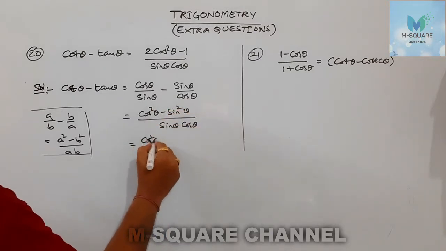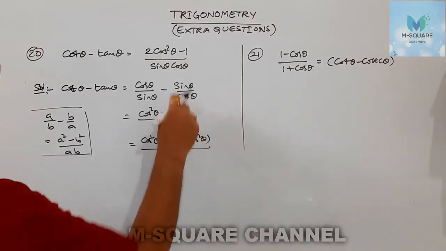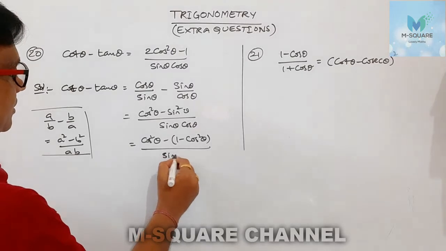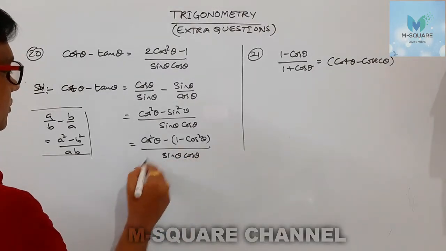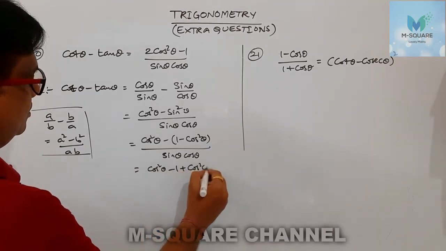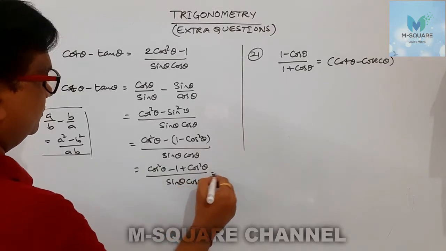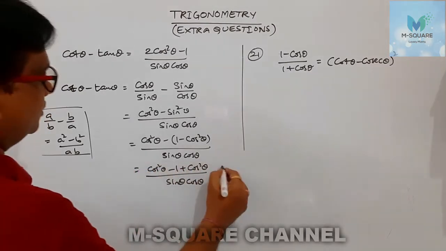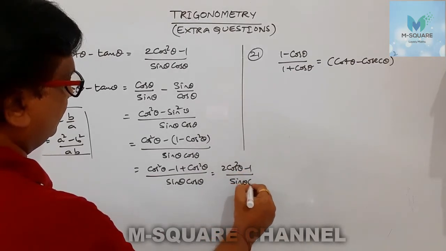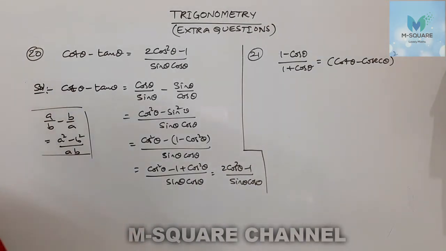So cos square theta minus (1 minus cos square theta), because in the place of sin square theta we are applying the identity. So the denominator is the same, sin theta cos theta. So open the brackets: cos square theta minus 1 plus cos square theta by sin theta cos theta. So the final answer is (2 cos square theta minus 1) by sin theta cos theta. This is the 20th question answer.